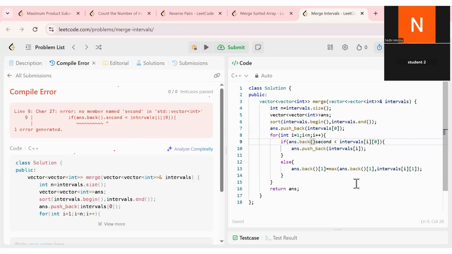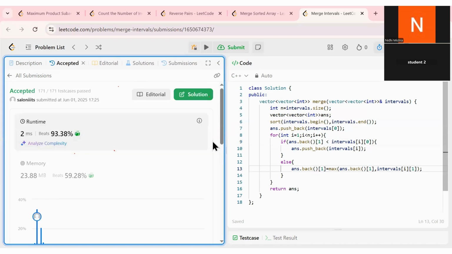It's a vector of vector, no, because it's a pair. Answer.back was 0, I think. Oh, yeah, 1, second. Here it's correct, only that was wrong. Now it's accepted.